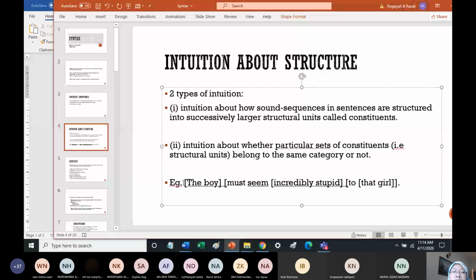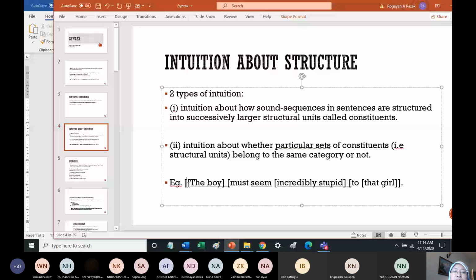So this says the boy is one constituent, but actually the bigger constituent is the sentence. So we're going to have another bracket. Okay, we open this, we close this. So this is complete. We open this and we close at the back.